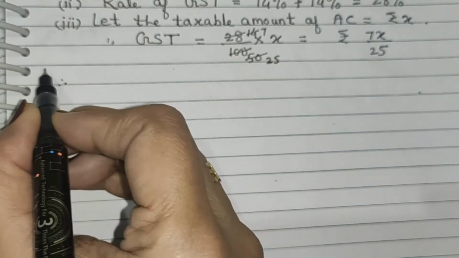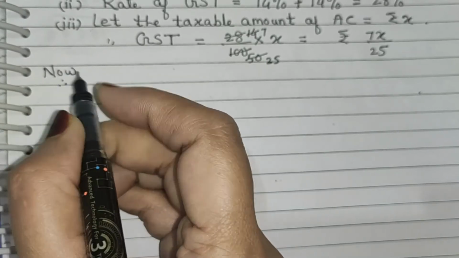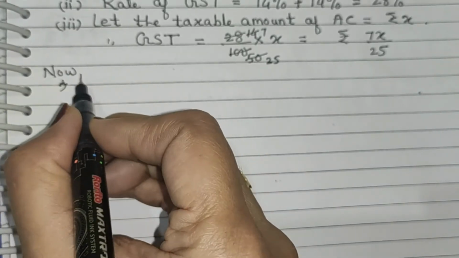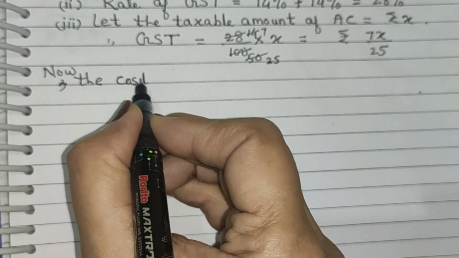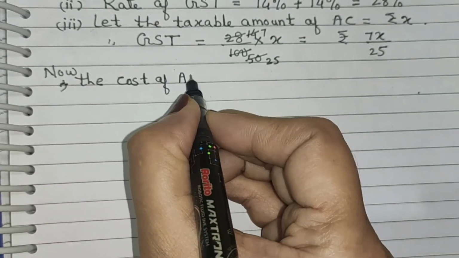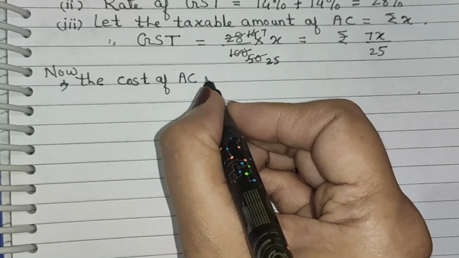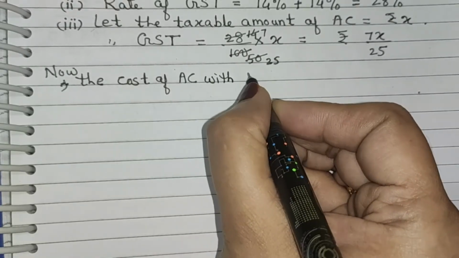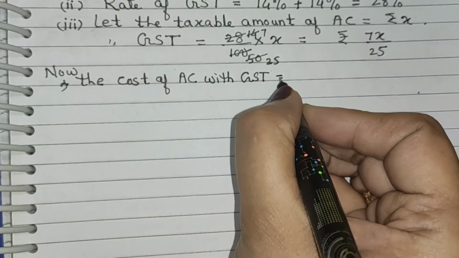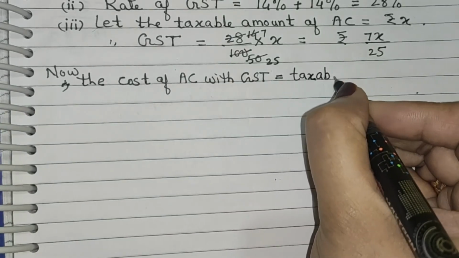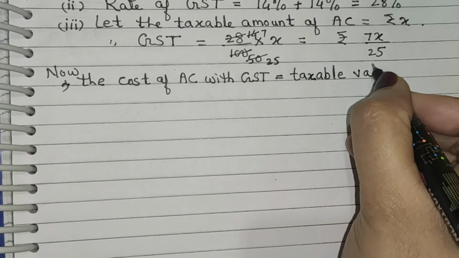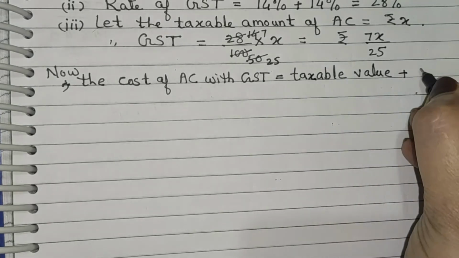Therefore now the cost of AC with GST is equal to taxable value plus GST.